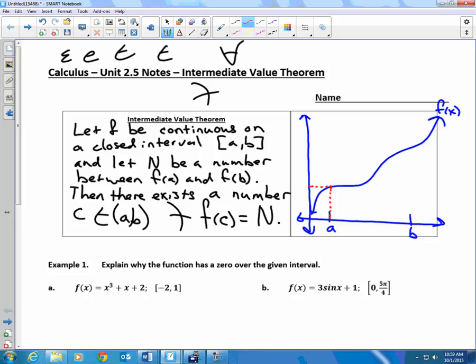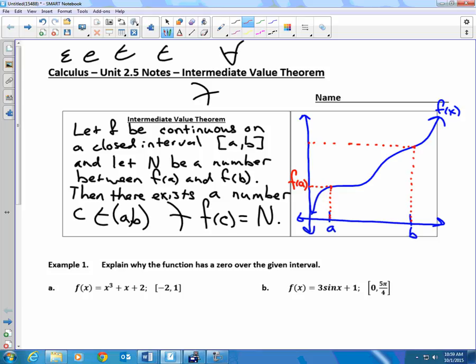What is this spot right there? No. Good guess. Try again. No. F of A. Thank you. What's that point?